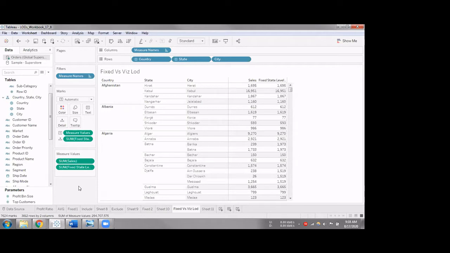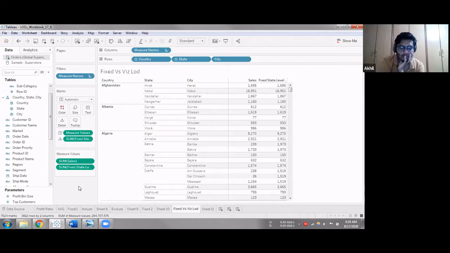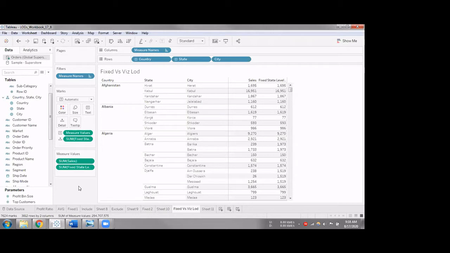We'll explore them, then see what different types of LODs we have in Tableau, and see quick examples on each one of them. In the upcoming sessions, we'll explore these individual LOD expressions in detail. Let me know if you have any questions on understanding any certain concept in today's session, so we can clear that out.